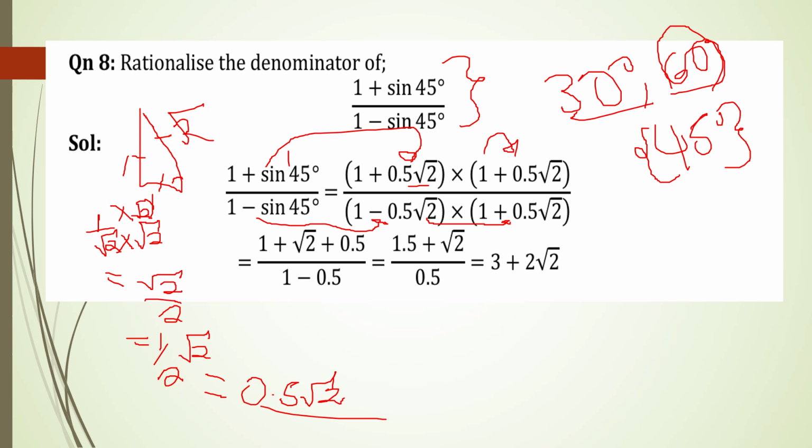If you rationalize completely and open up brackets, we end up with 1 plus root of 2, then plus 0.5, divided by 1 minus 0.5. If you simplify everything, 1.5 divided by 0.5, we get 3. And also when we divide 1 by 0.5, we get 2. So that's why we end up with the final answer of 3 plus 2 root of 2.